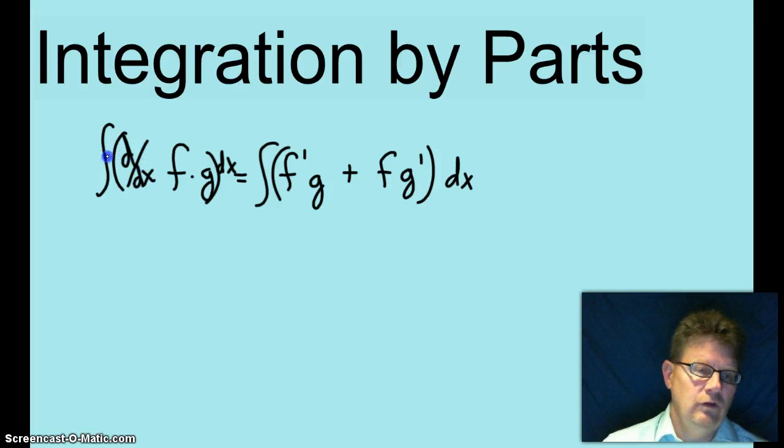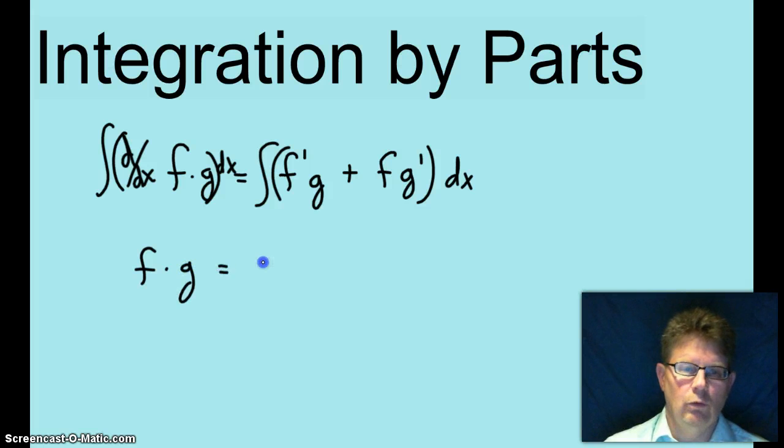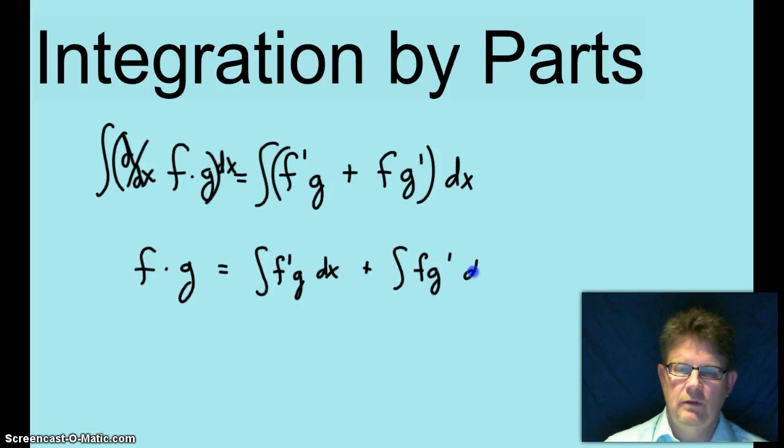Since integration and differentiation are inverse functions, the left side will just be f times g, and that's going to equal, we're going to separate these up, the integral of f prime g dx plus the integral of f g prime dx.